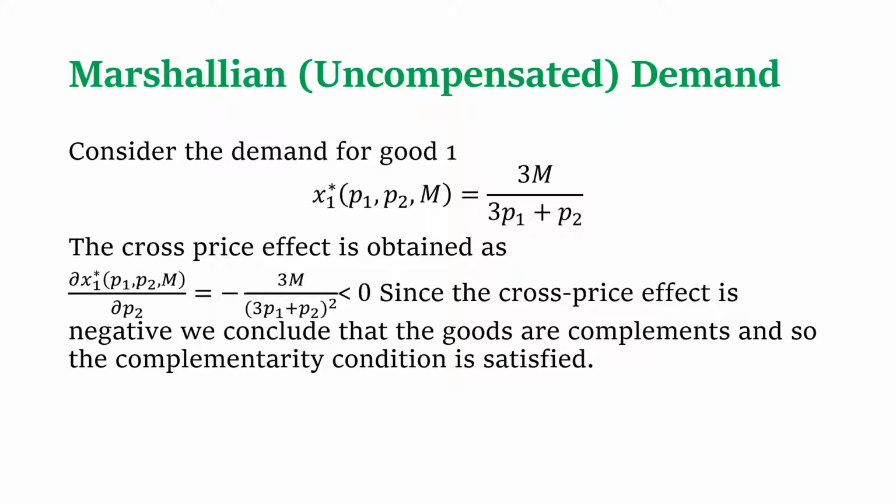That one is less than 0. Of course, you know what we did here. We applied the quotient rule, right? In order to do this, we obtain the derivative of the numerator with respect to P2 multiplied by the denominator. Since there is no P2 in the numerator, the derivative there is just 0. And then 0 times this denominator, this whole term, is going to be 0.